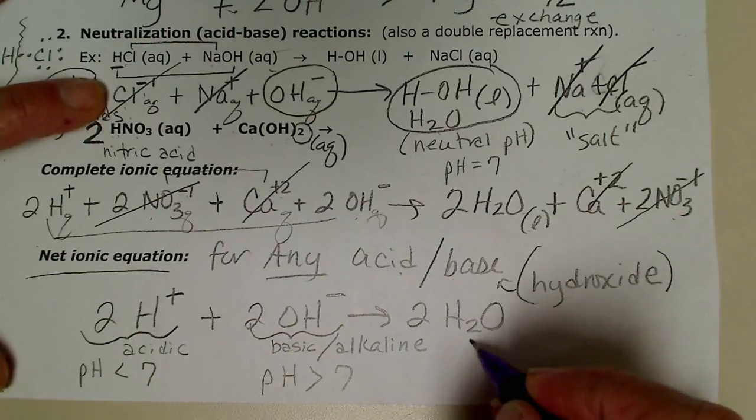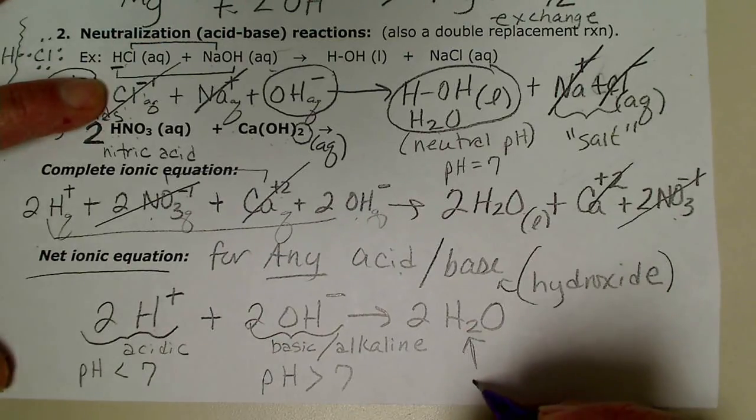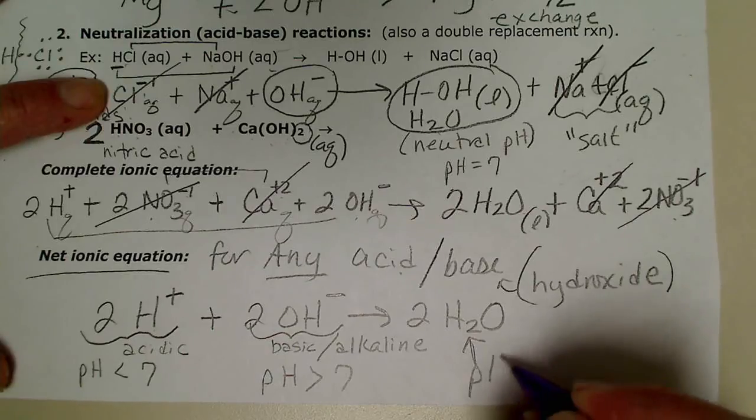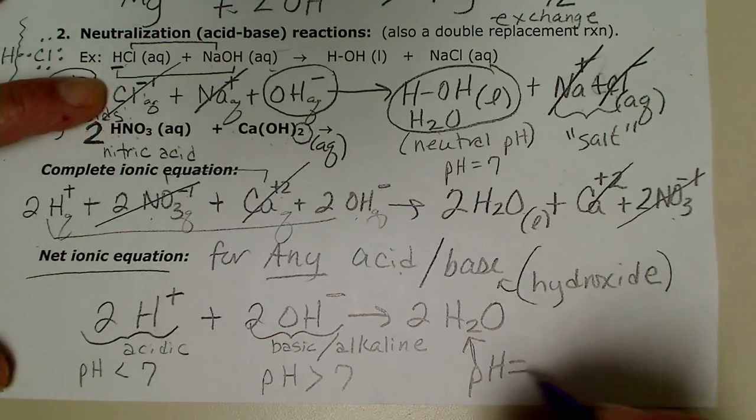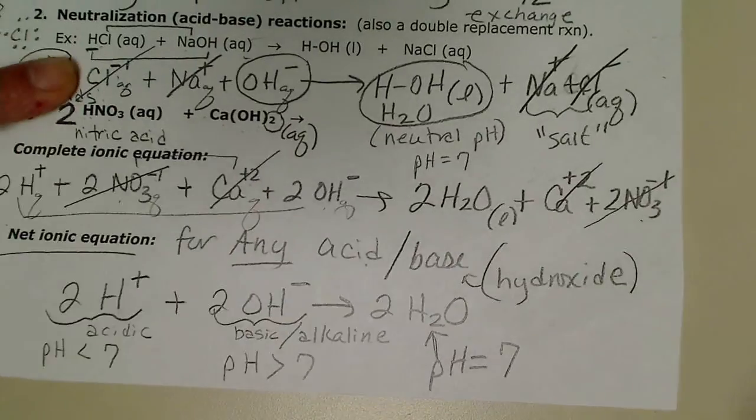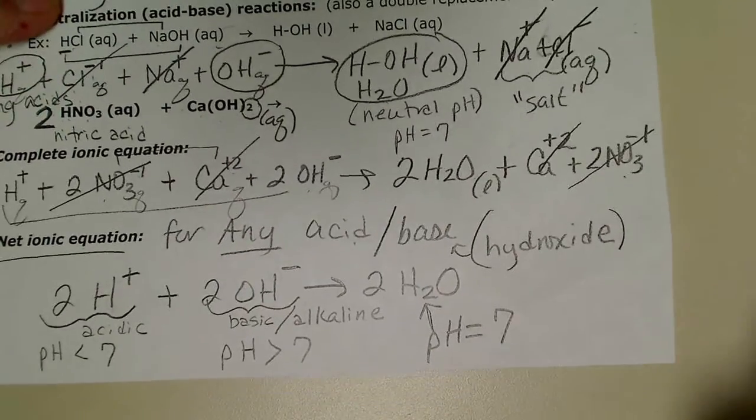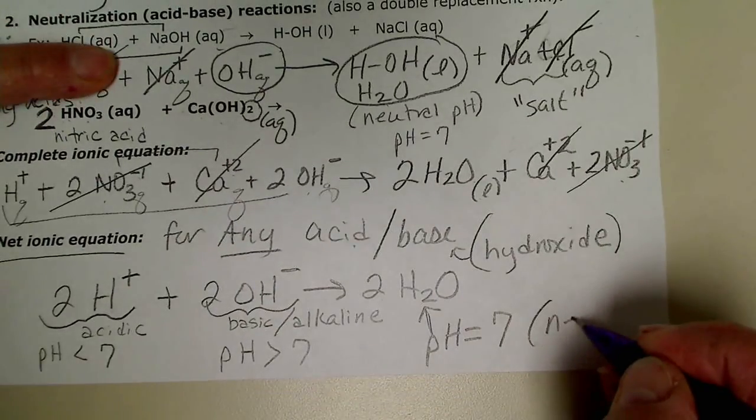And if we take the pH of water, water is right in the middle of the pH scale, so the pH of water is 7. If we have something with a pH of 7, then we say it's neutral.